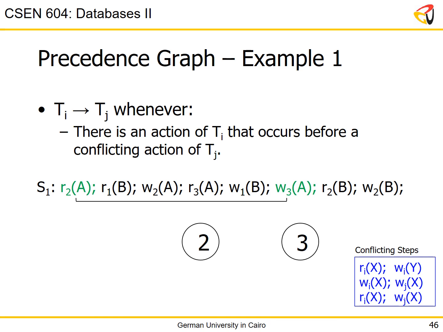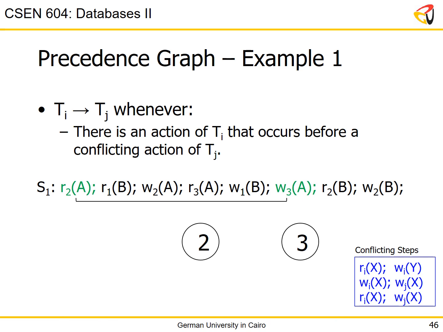This is transaction 2 reading A, transaction 3 writing A. I am looking for two different transactions reading and writing the same element. So this is going to be the third conflicting step, which says R sub I, or transaction I, reads X, and transaction J writes X.